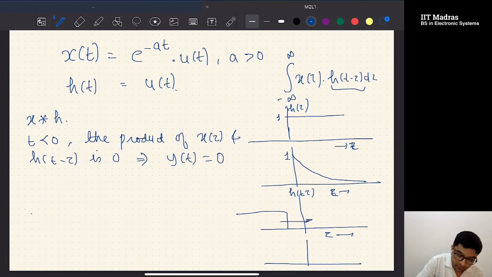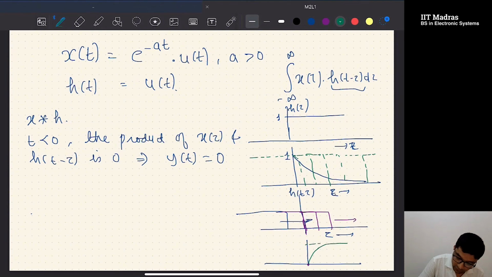So my signal will reach here and then keep moving towards the right in this direction. At 0 the value will be 0 because the area is 0, and slowly my area will start building up. If I superimpose my plot here, the area will slowly build up in the following way, and after it reaches this point, it will just stabilize at some constant.